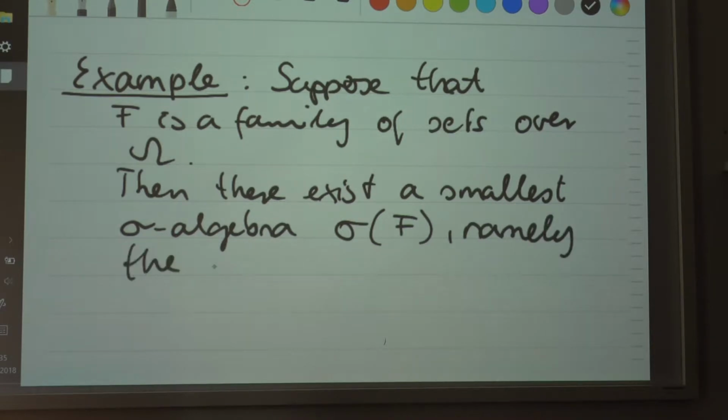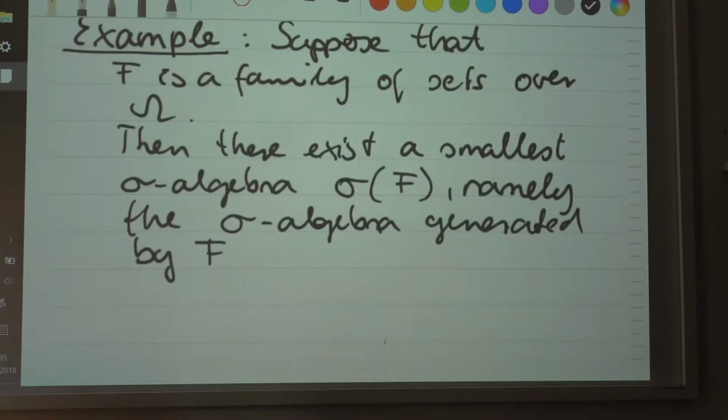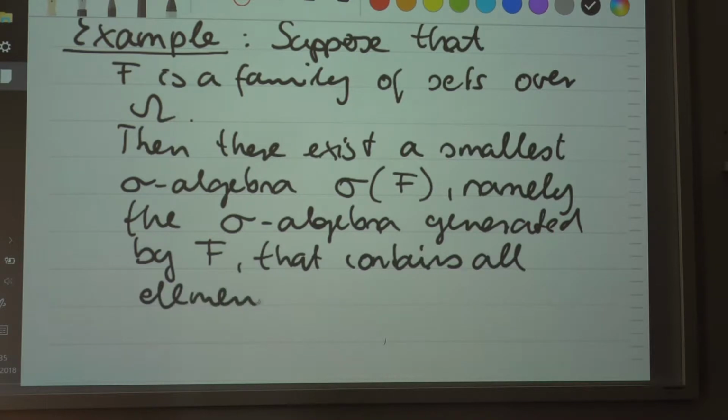Namely, the sigma-algebra generated by F, that contains all elements of F. So that was, I'm not sure if you remember this, but that was theorem, I'll give you a number, I think that was theorem 2.21.